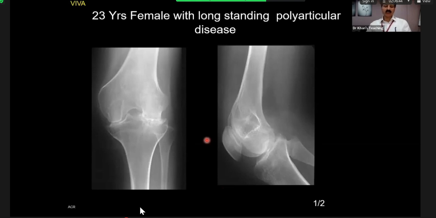And something has happened. What has happened is that there was hyperemia. The concept behind it is that when there is joint hyperemia, there can be accelerated growth of the epiphysis. There can be premature closure of the epiphysis, which will produce a bit of deformity.